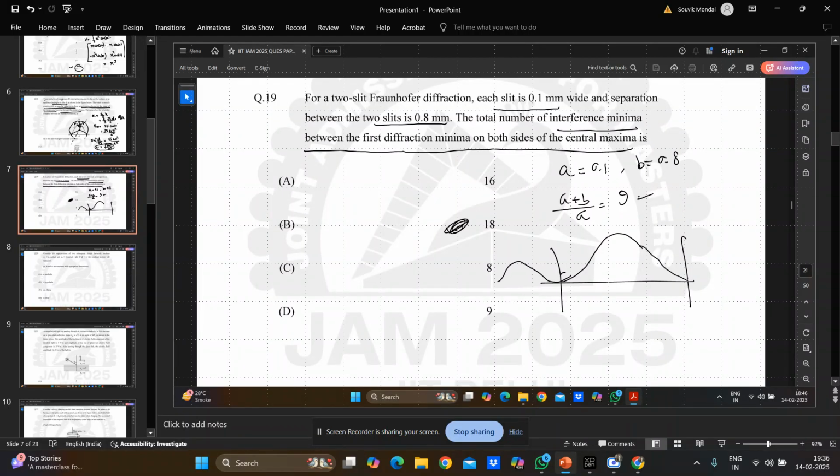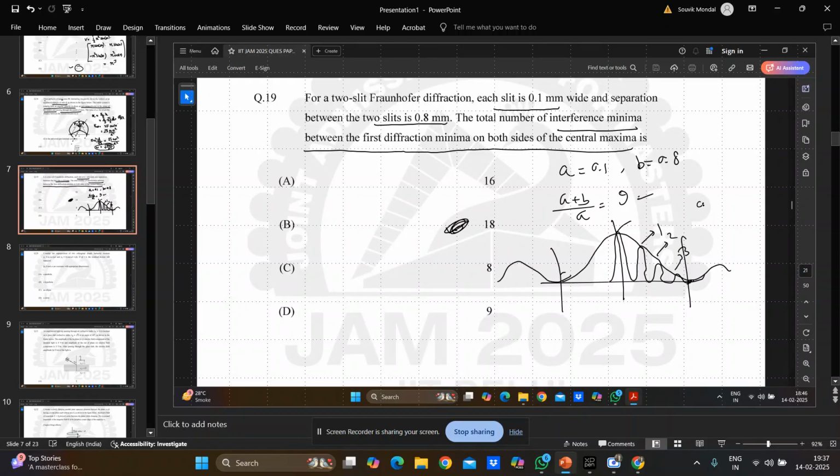There are interference maxima and minima like this. For this diagram, let's say this is the central, this is first, this is second, this is third, and there should be another, but this is missing.